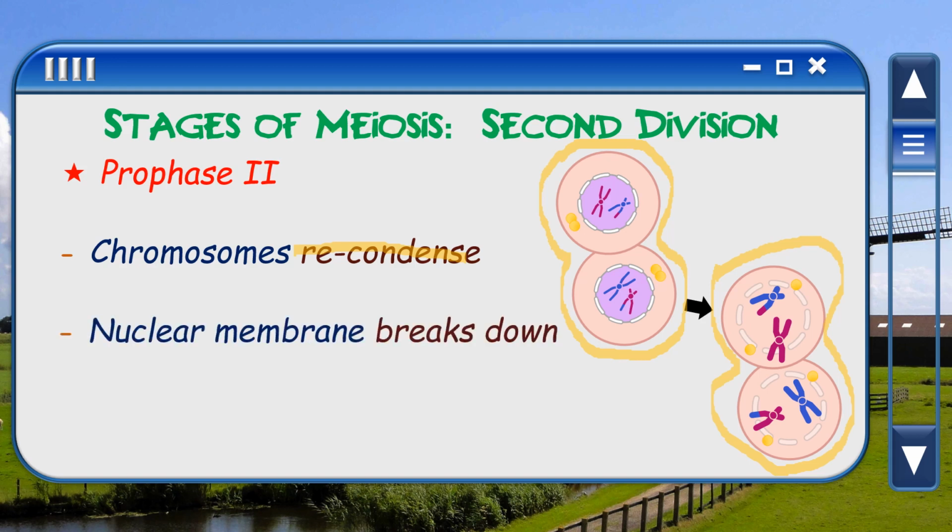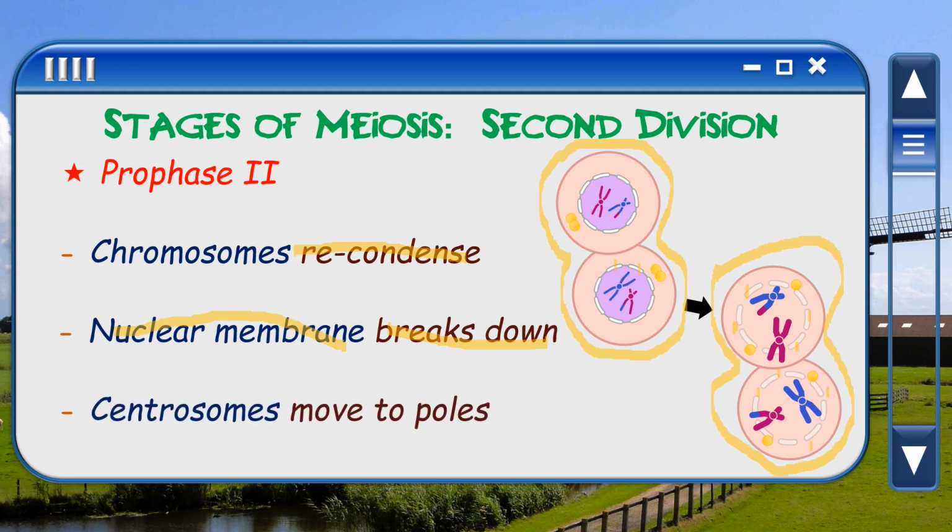Secondly, the nuclear membrane is going to break down. The distinctive nuclear membrane you were seeing is starting to disappear, allowing the chromosomes to be free within the cytoplasm.